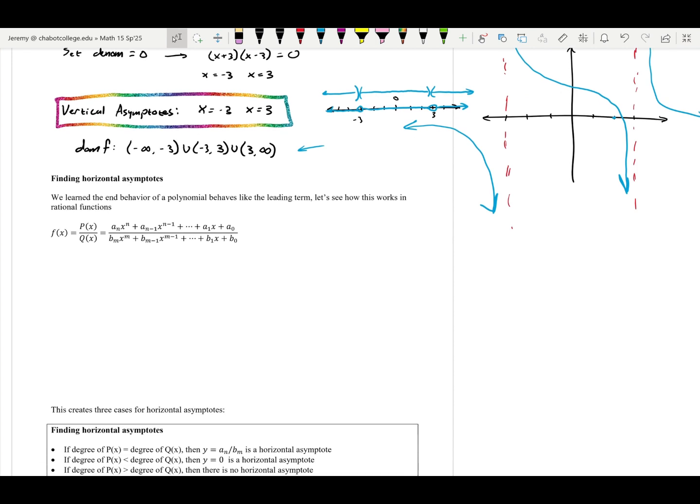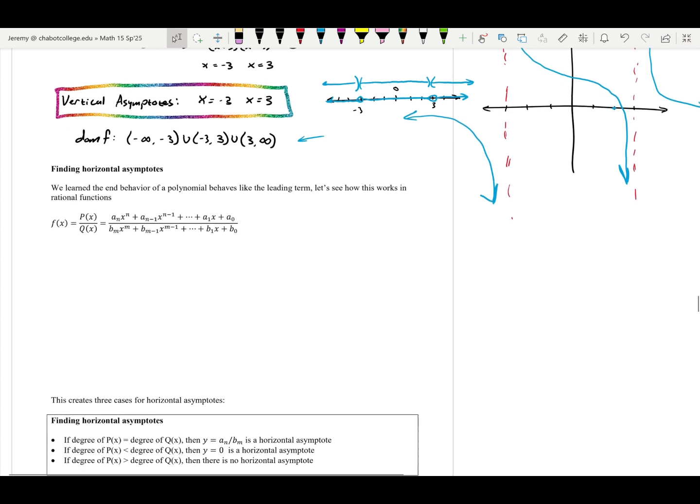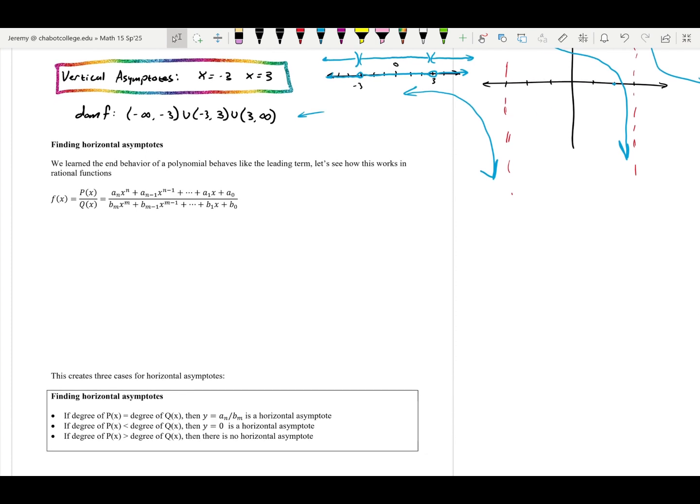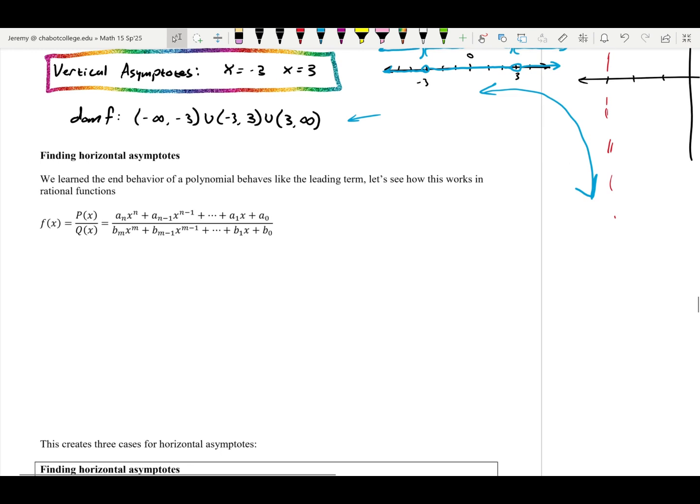Okay, so horizontal asymptotes is what we'll talk about next. Remember, a rational function is just a polynomial function divided by a polynomial function. It turns out that we can use the degrees of the numerator and the denominator, so of p of x and q of x, to determine what the end behavior is, or what the horizontal asymptotes of rational functions are.